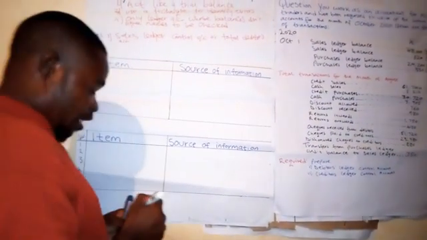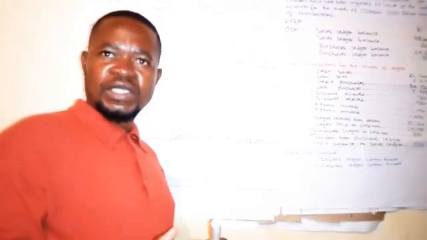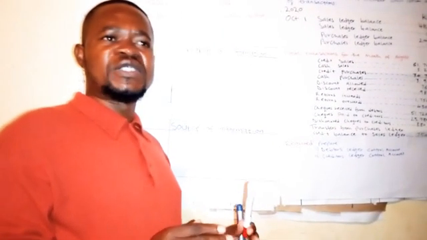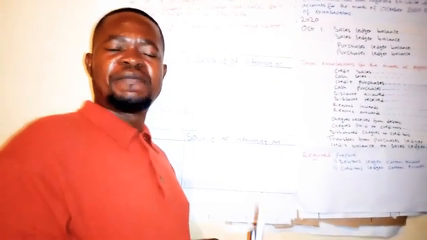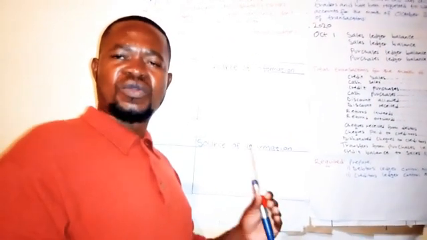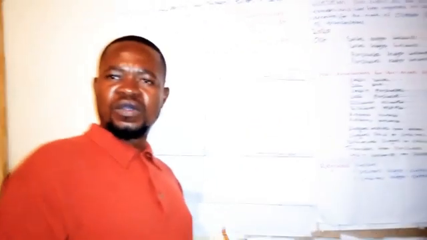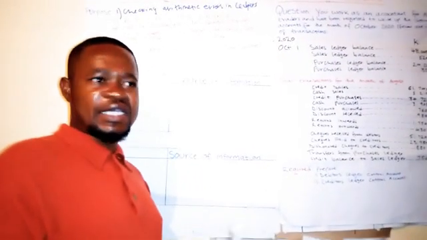Then the second one is the control account that is for the purchases ledger. This one is known as the purchases ledger control account or total creditors account.